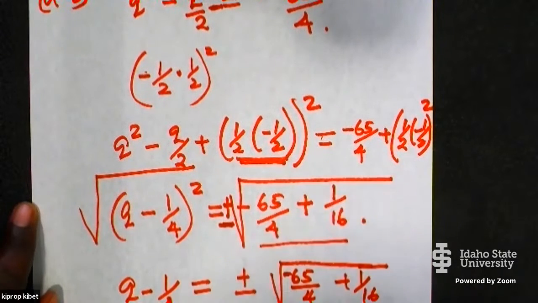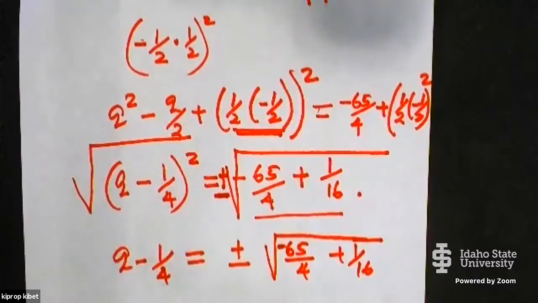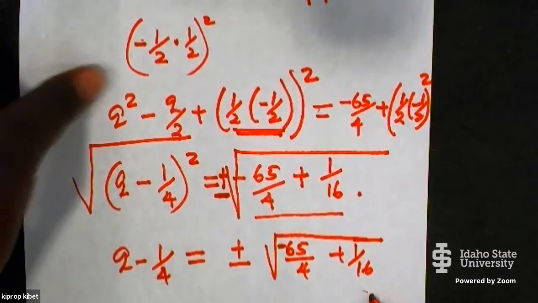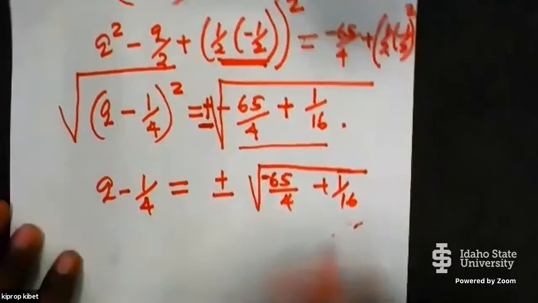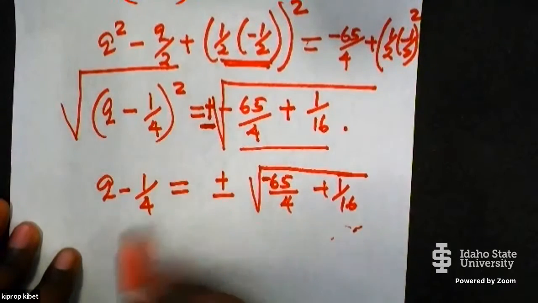Okay, so when you go home, you can simplify this. Then, after you're done with that, you now take the 1 over 4 to the other side.